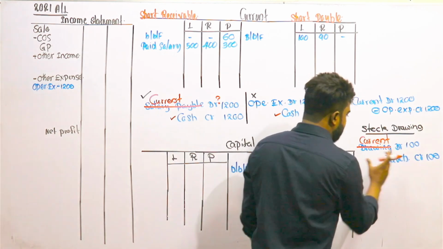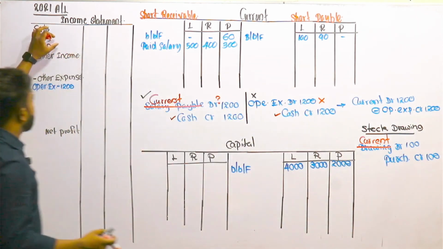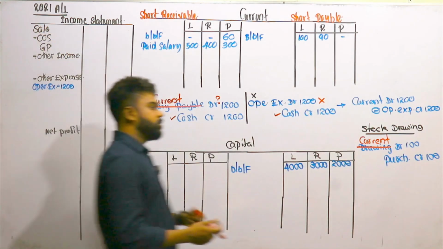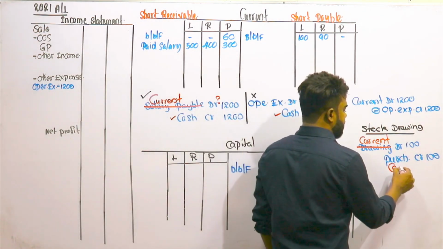But there are no purchases because the question has already calculated and given the cost of sales. Therefore this should be adjusted from the cost of sales account.